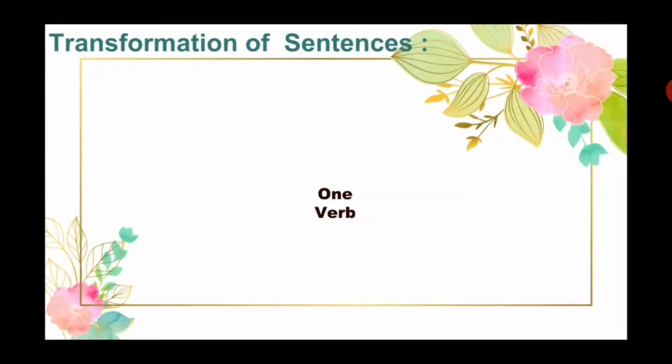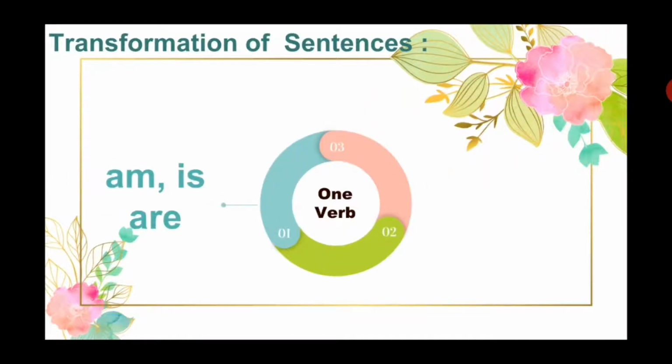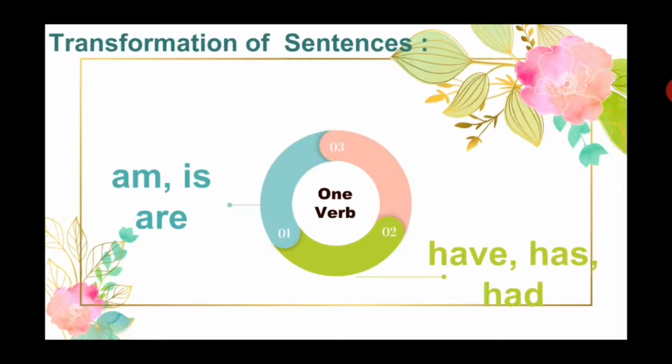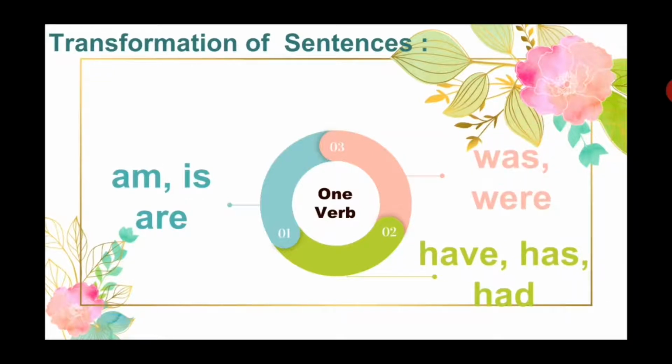Okay, when am, is, are, then have, has, had and was, were, you can find in any sentence are used as main verb. The negative sentence is formed by adding the word not after it. Means after these be verbs, just not will be added in the sentence to make it negative. You can find only one verb in such a sentence.